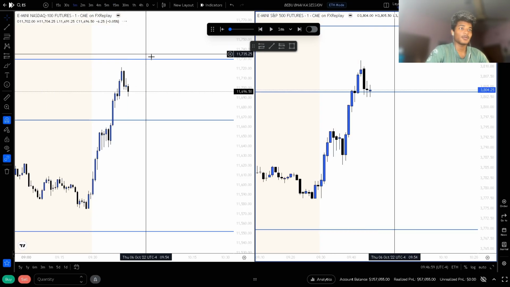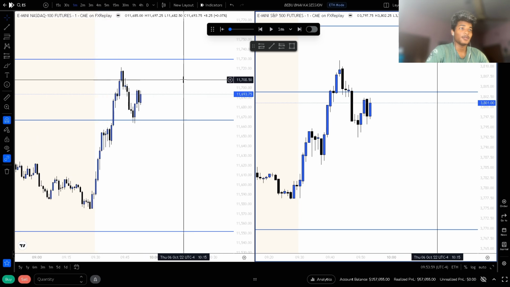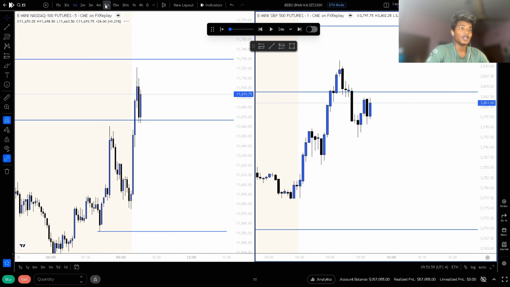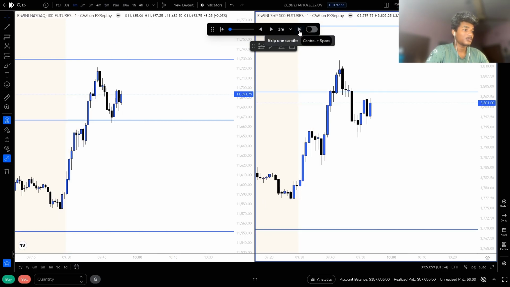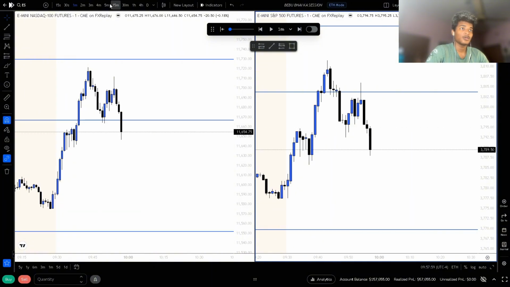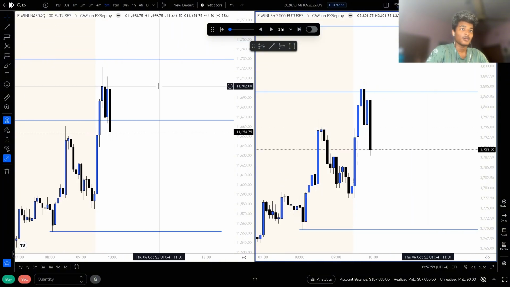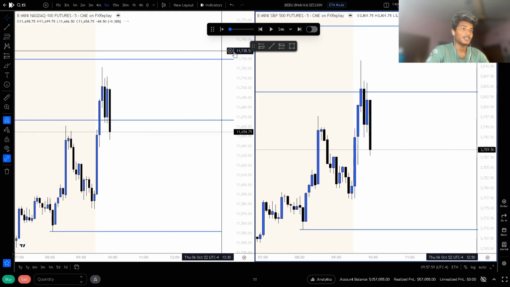I'm gonna fade this setup as well, and this setup ended up being a break even. And now we mitigated this 5-minute gap, and I want a resweep now. If we inverse this gap, no, no guys, no. Let's wait for 10 a.m. now.